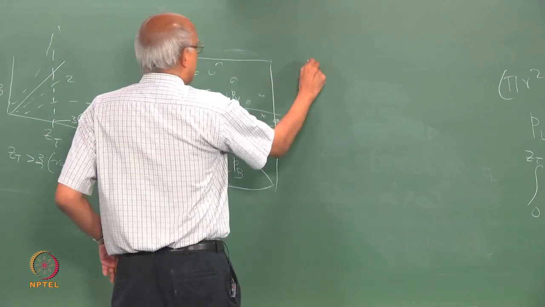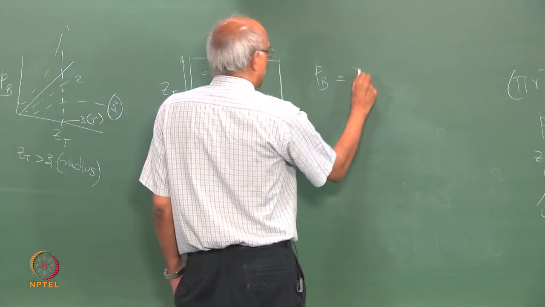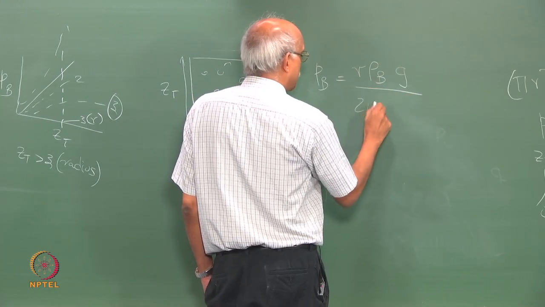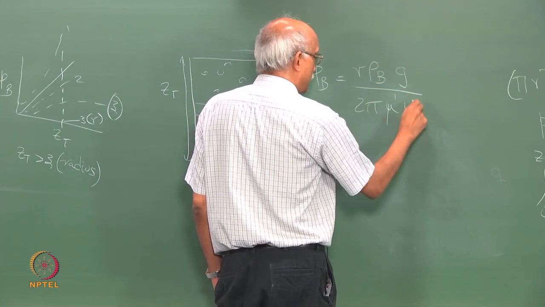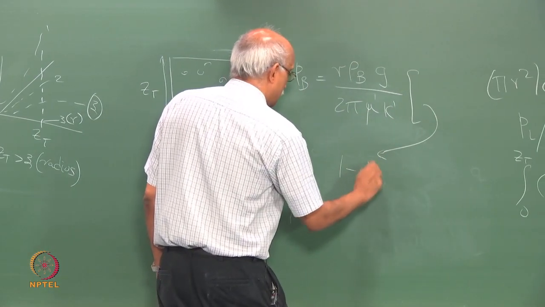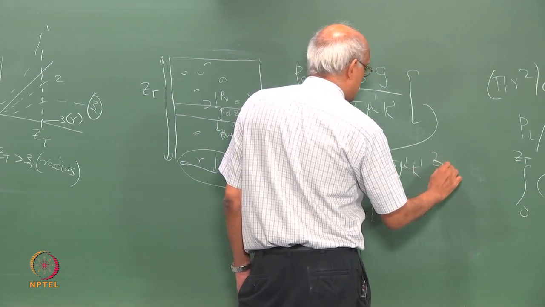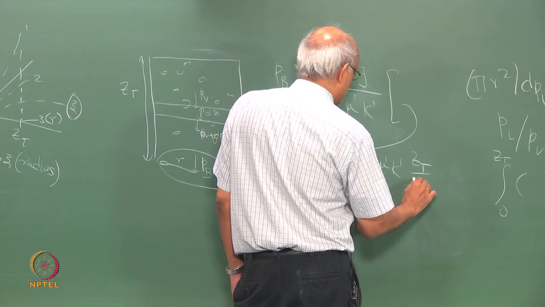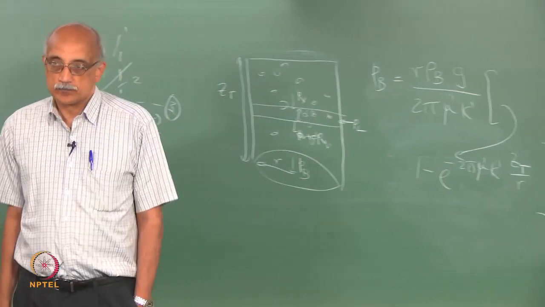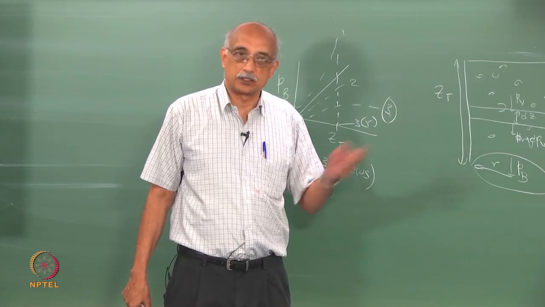So, the relationship that you will get will look like this: Pb is equal to r times bulk density times g divided by 2 pi mu prime k prime times 1 minus e to the power minus 2 pi mu prime k prime times z t over r, and this expression yields this kind of dependence.